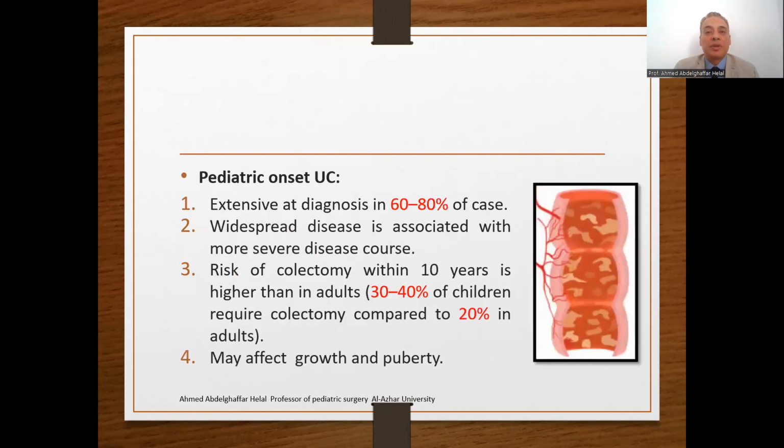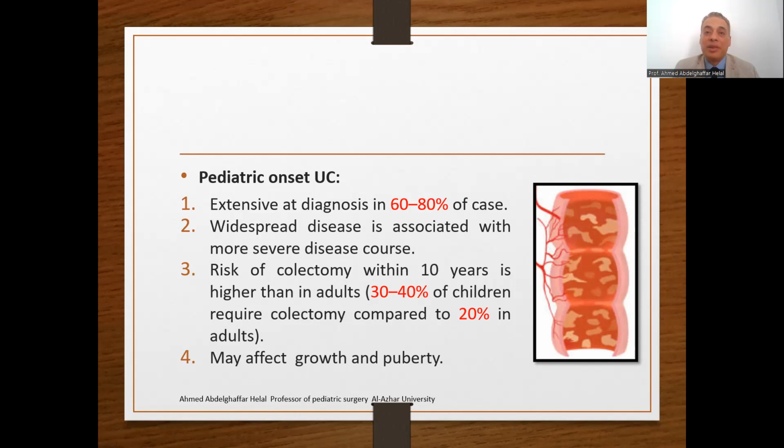Pediatric onset ulcerative colitis is characterized by many features that differentiate it from adult onset of the disease. Number one, usually extensive at diagnosis. Number two, widespread disease is associated with a more severe disease course.